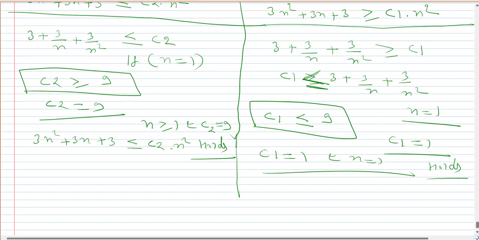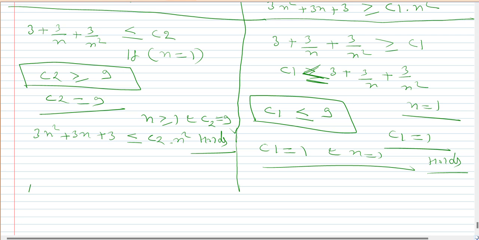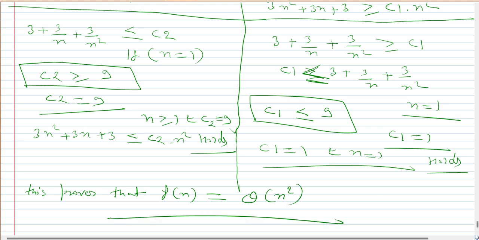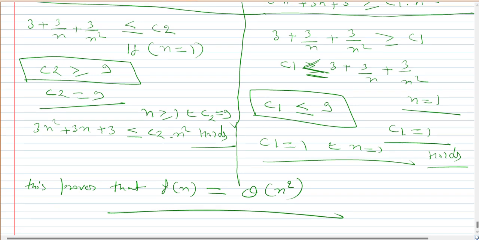This proves that our function F(n) is equal to theta of n square. So like this, various questions on the asymptotic notations like big O, big theta, big omega can be asked in the exams.